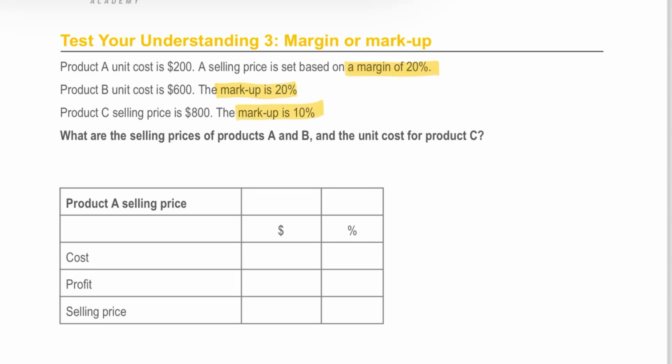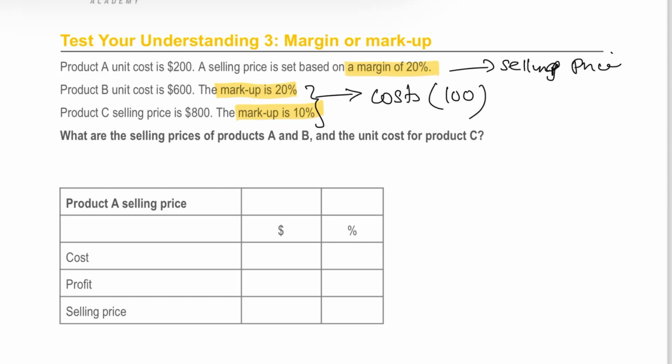The markup is 10%. So therefore, this is based on selling price. Both of these are based on cost. So cost will be 100%. Selling price will be 100.